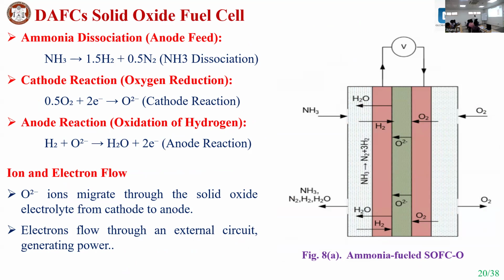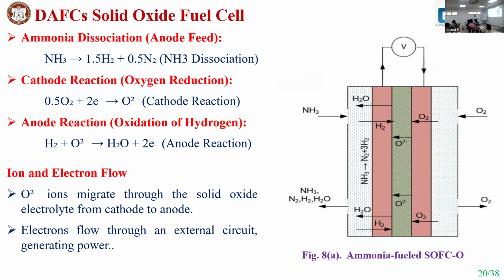Similarly, 0.5 mole of oxygen combined with the electrons coming through the anode side produces O2 minus. H2 comes out from the anode through the electrolyte, reacts with the O2 minus entering the electrolyte, and forms water. During this exothermic reaction, apart from the water, heat as well as electricity comes out, which is taken for different applications.